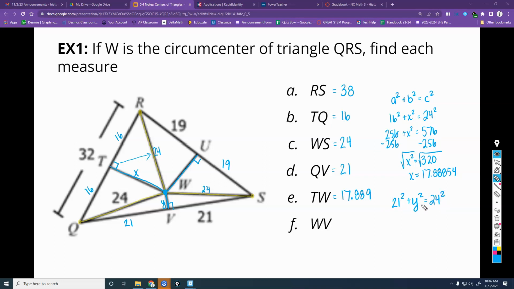Say 21 squared. 441 plus y squared equals 576. We'll subtract that 441.